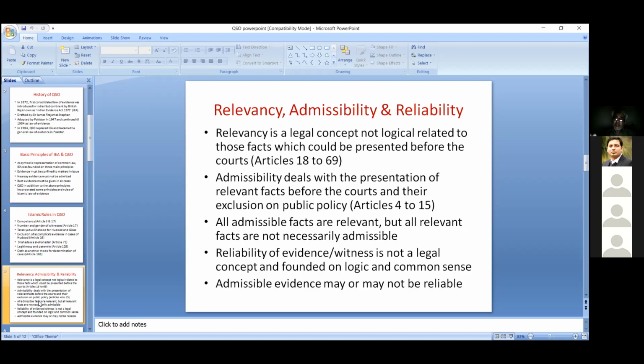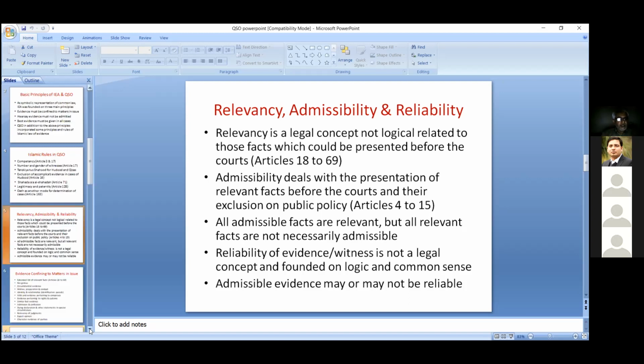These are the matters to be considered when dealing with reliability. So the point to keep in mind is that the concept of reliability hasn't been dealt with in the law of evidence. In each and every circumstance, the court has to determine the reliability of a piece of evidence and the reliability of a witness. This has to be done by the court in each and every situation.